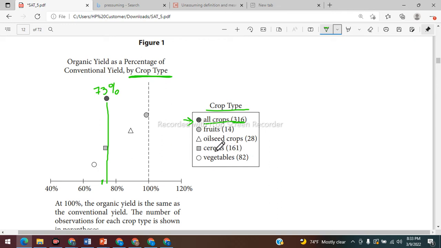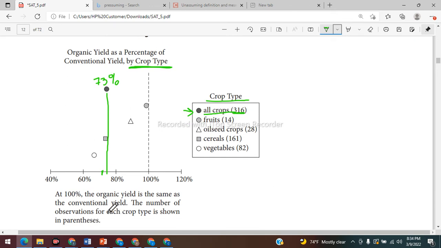Cereals are close to 70 as well. And this one is fruits. Fruits is very close to 100, about 98. So at 100%, the organic yield is the same as the conventional yield.